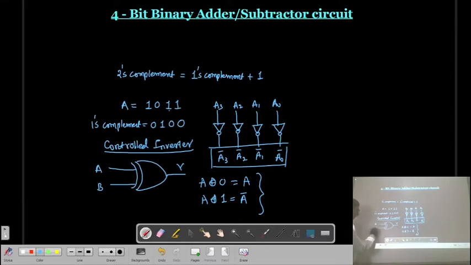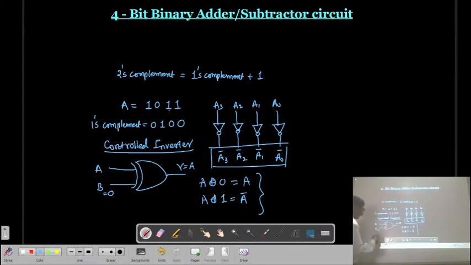So here, remember, when this B is equal to 0, then Y is always A. Whatever input you are applying, the same output will be there; the gate is going to be transparent. So this will be useful for the addition.